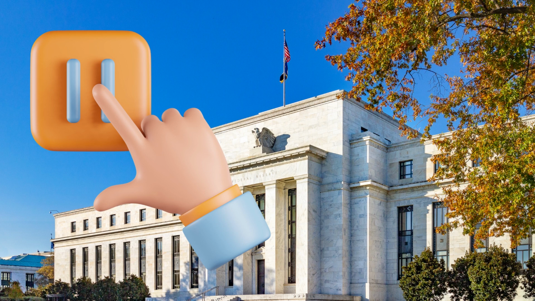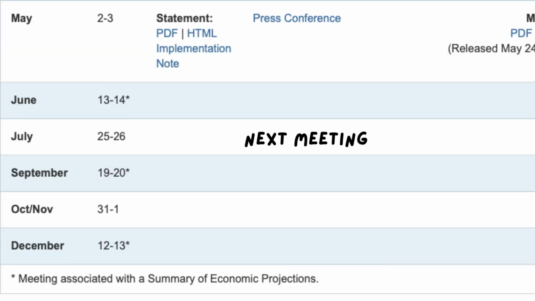I think this lends itself also to a potential multi-meeting pause, and if we get that announcement, then a strong, strong rally. With this information, he could also hike interest rates at this particular meeting, which would cause a market crash, in my opinion, since that's not priced in.